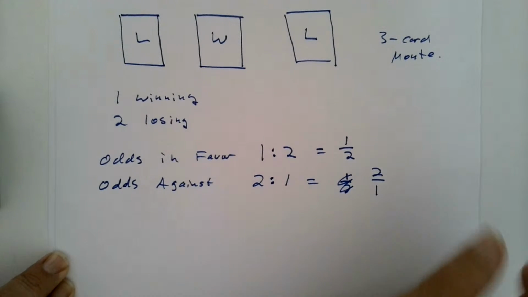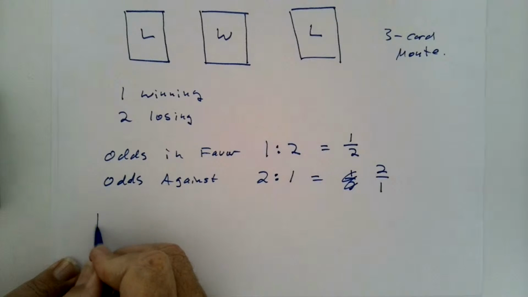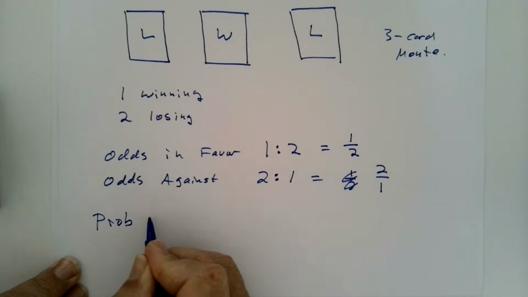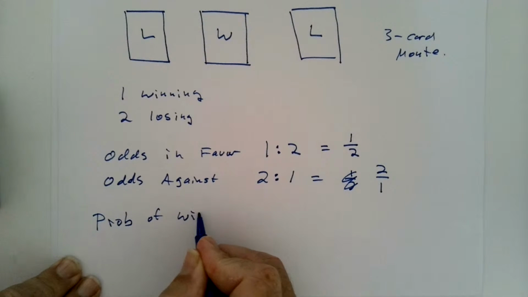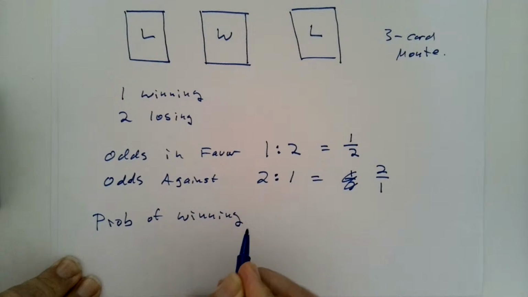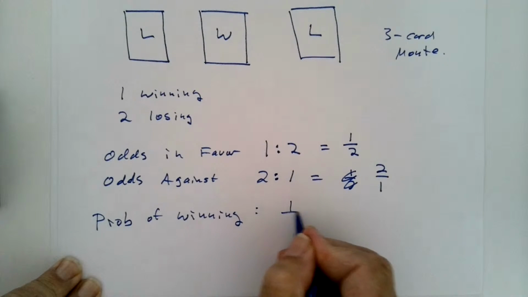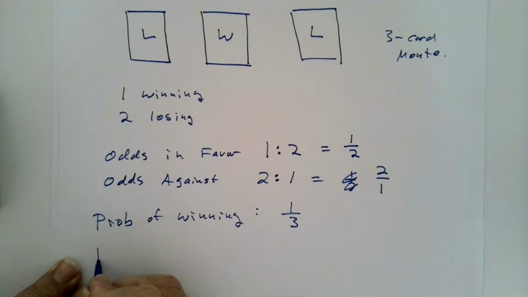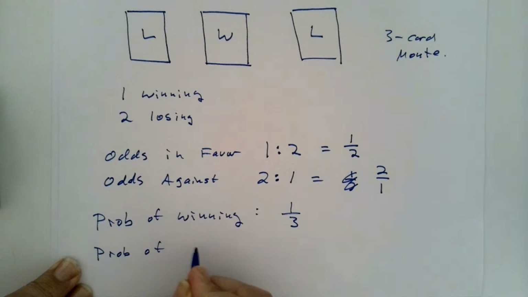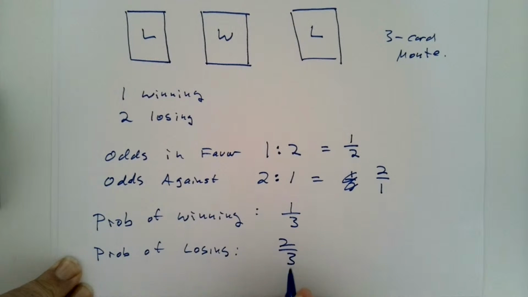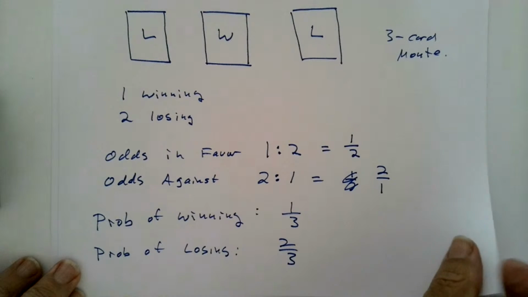So what's our probability of winning this game? If we're just choosing one at random, we have 1 winner out of 3 total. Our probability of winning is 1 in 3, and our probability of losing is 2 in 3. This will give us an idea about how to connect odds and probability.